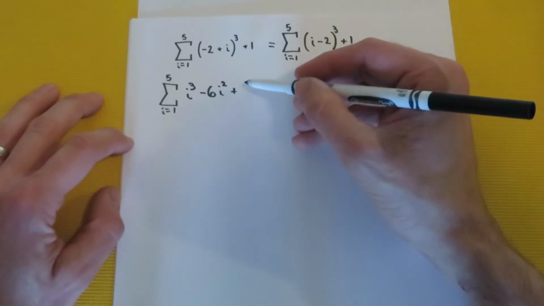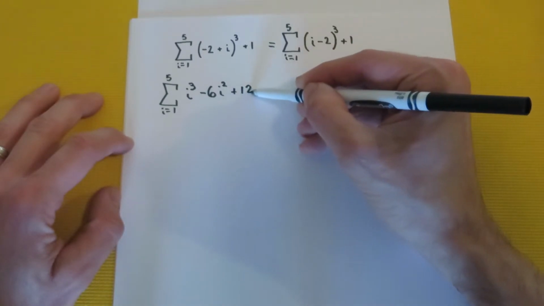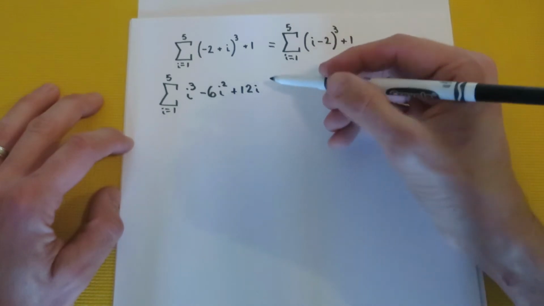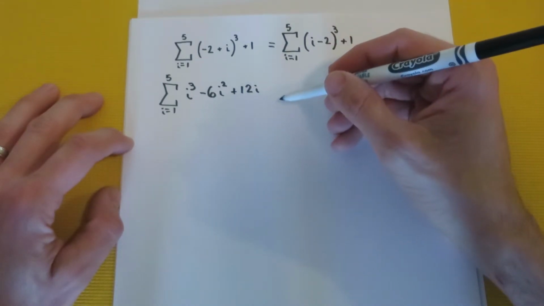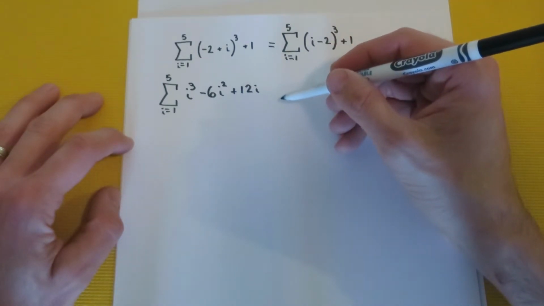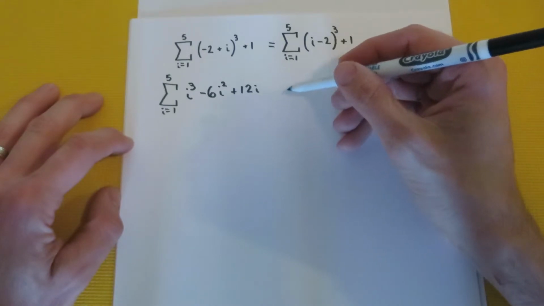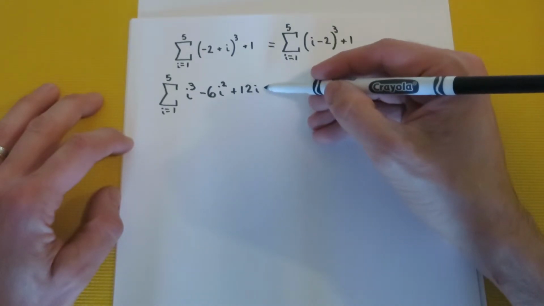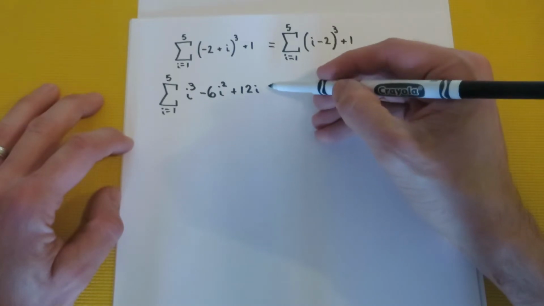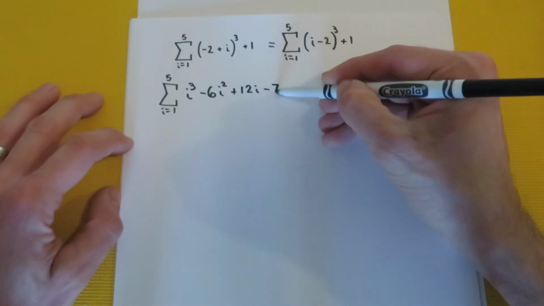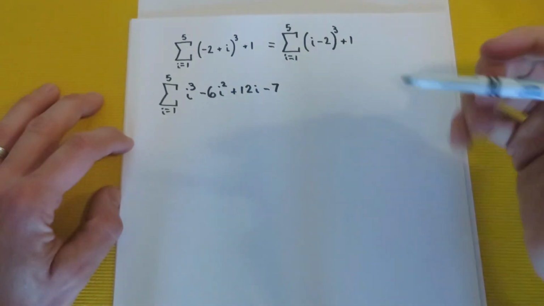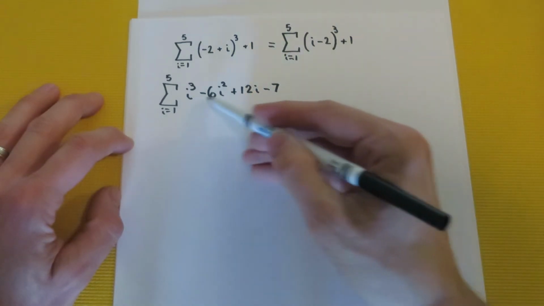Well, that's just going to get us 12i. And when we have minus 2 cubed, that's just going to give us negative 8. And when we add our positive 1, that's just going to give us negative 7. So all of this we've expanded into this.